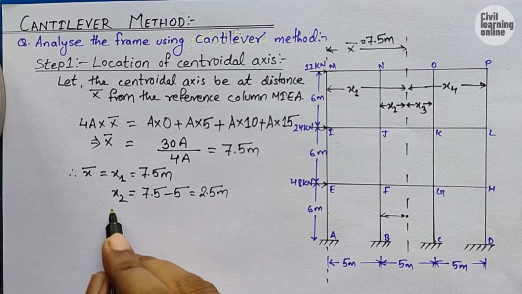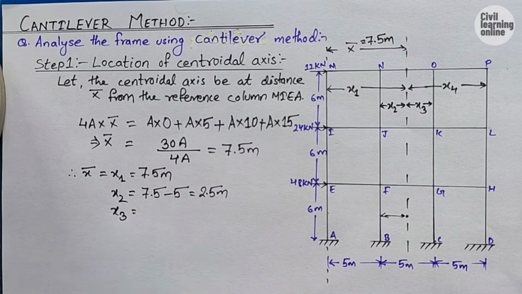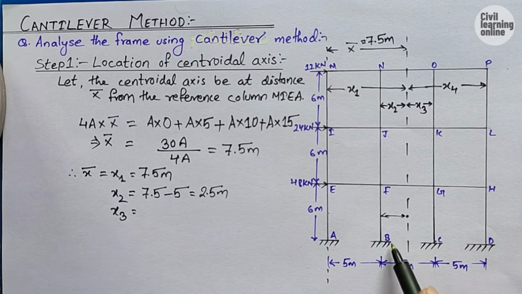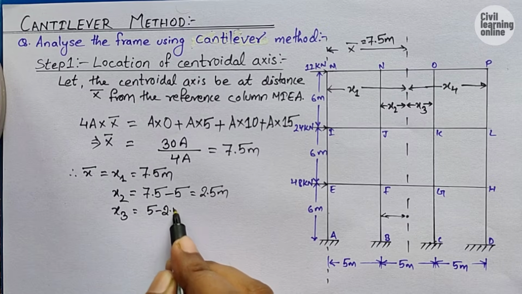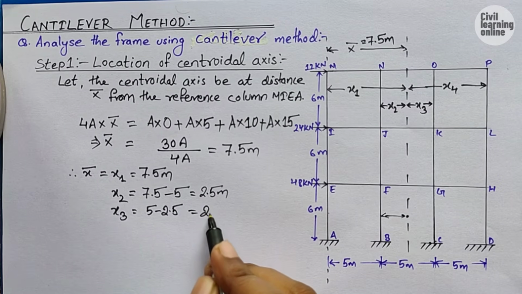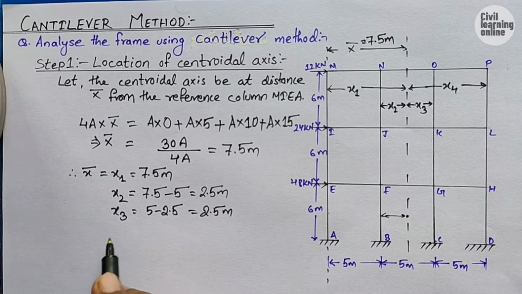Now time to calculate X3. See here, this whole span is 5 meter, and we have got X2 value equal to 2.5 meter. So our X3 is going to be this whole span 5 minus 2.5, which will be equal to 2.5 meter. This is the value of X3.